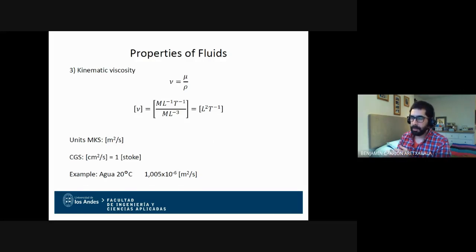For those of you who may later study turbulence, it behaves similar to a kind of viscosity. So this is a way to put everything into the same framework. For us in this course, this is just a viscosity that doesn't take into account the density, so you can compare between more dense and less dense fluids.